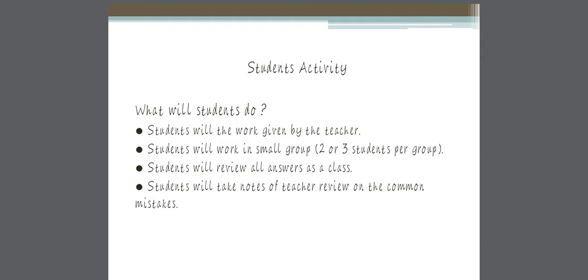For the third sub, by reviewing as a class, students can show what they got after learning all the materials and what understanding is still missing, so they can see what they still don't get after the teaching content. And for the last sub, by taking notes, students can always read them after class and remember what they were wrong in.